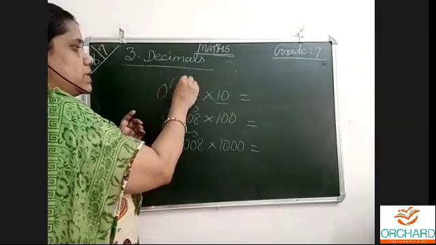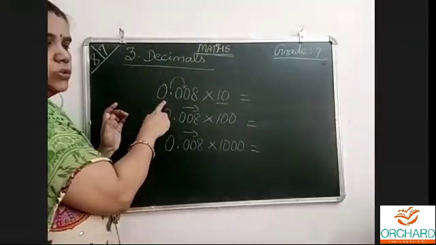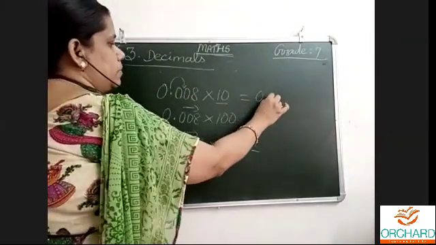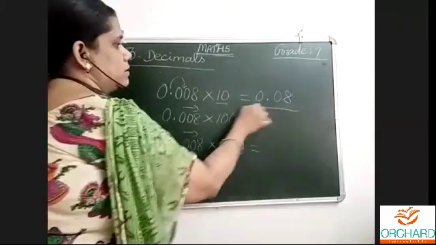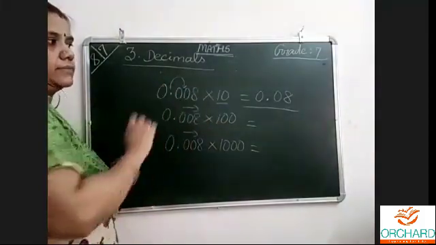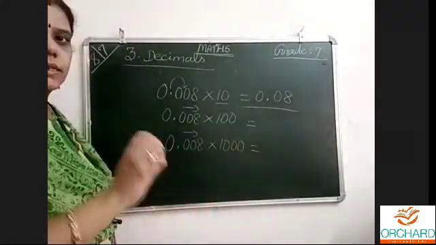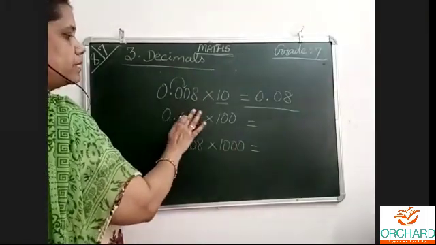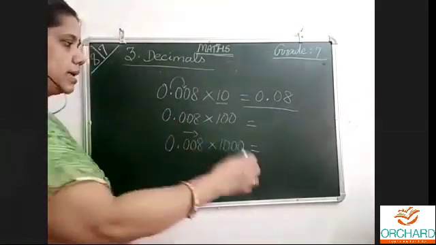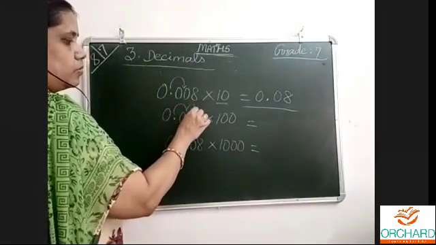So the point jumps from here to here. This 0, leave it off, no value for this, right? So the point went here. So 0.08. The point went one place because we multiplied by 10. Next, when I multiply by 100, what will happen? 100 has 2 zeros, so the point must jump 2 places. 1, 2.